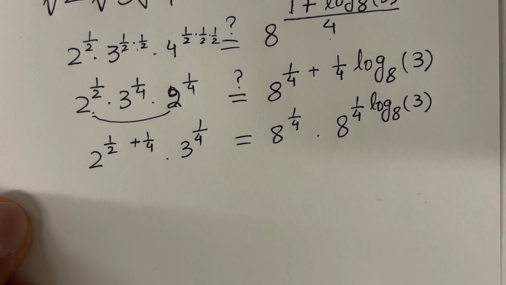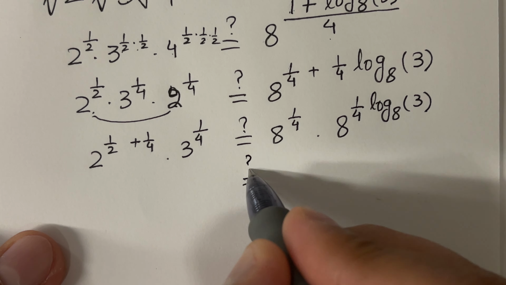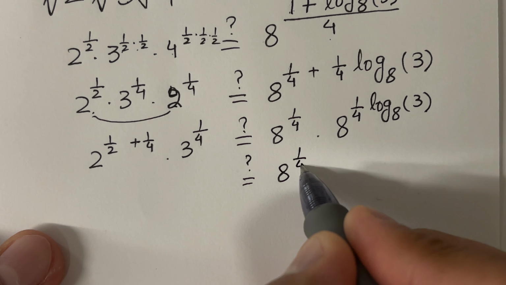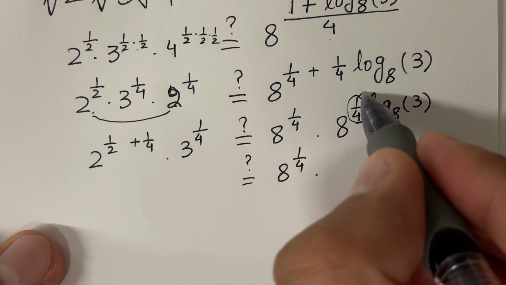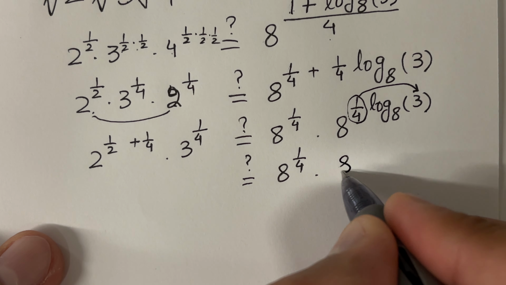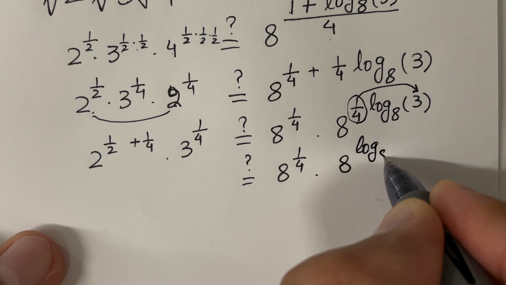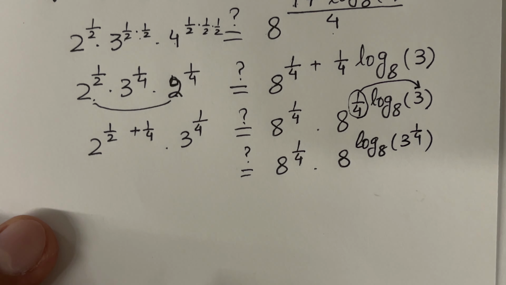Now 8 raised to the power 1/4. The property of log says the number up front can be moved to the exponent of the number inside the log. So that is 8 raised to the log base 8 of 3 raised to the power 1/4.